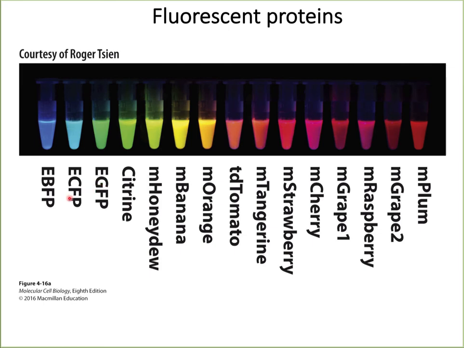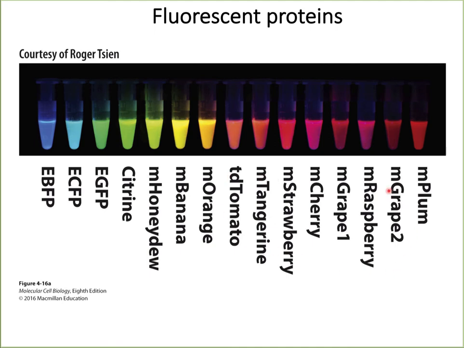There is also, similarly, CFP, enhanced cyan fluorescent protein, and a blue fluorescent protein. You can also have a yellow fluorescent protein or a red fluorescent protein. The scientists actually isolated a couple of them naturally, but many of them have been made by recombinant DNA technology.